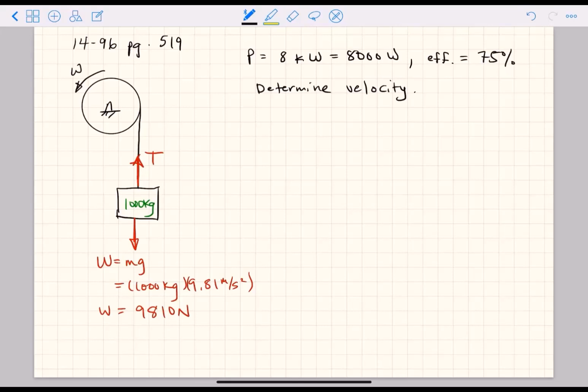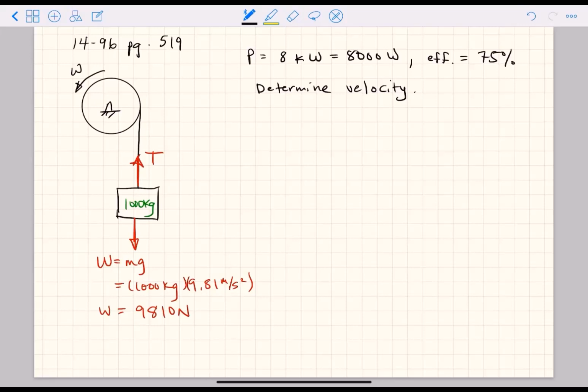So depending on how you read this will change which P value you are actually using. Because it does say output, but you might read this and say, oh, it's being powered by 8 kilowatts. I will try to make it very clear in any of the questions I ask, but for sure it can be quite ambiguous, especially if you're not really paying attention.